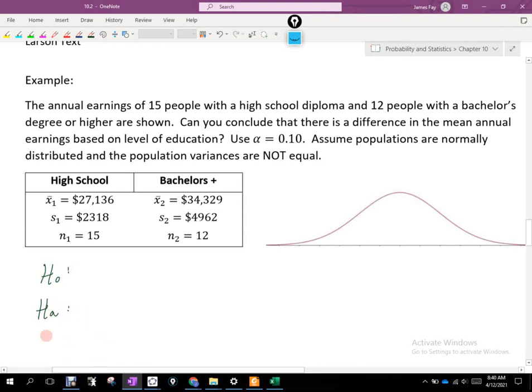It says, can you conclude that there is a difference in the mean annual earnings based on level of education? Now it does not say the direction of difference, right? So let's just say here that mu bachelor's degree is not equal to mu of a high school diploma.